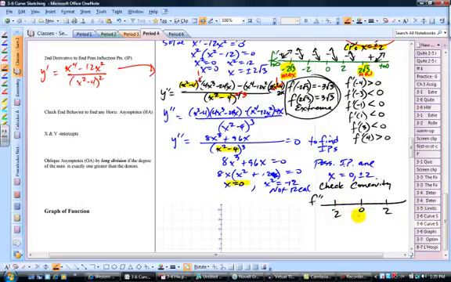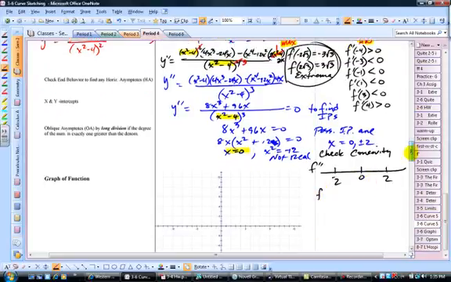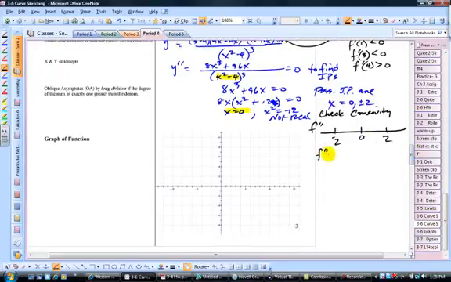And when you check that, you have to check the second derivative. So we have to check f double prime at negative 3. Once again, we're using the second derivative here. When you evaluate the second derivative at negative 3, there are all kinds of ways.